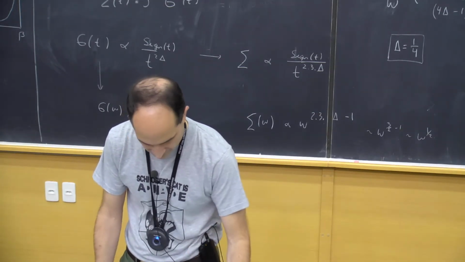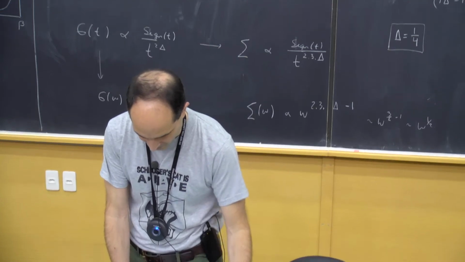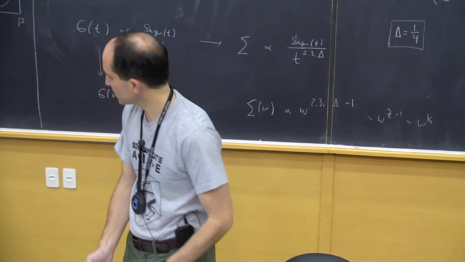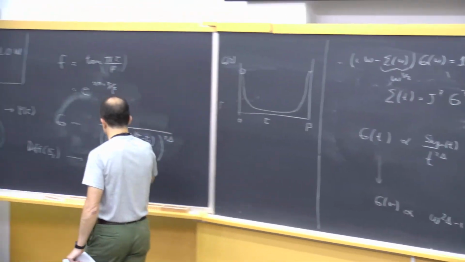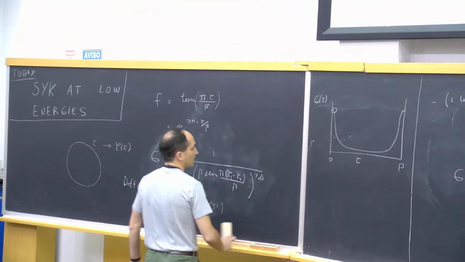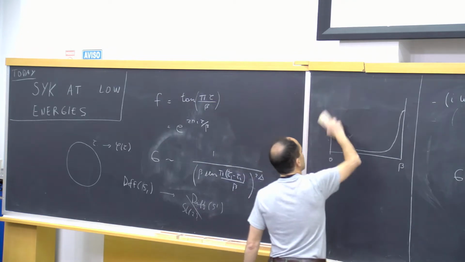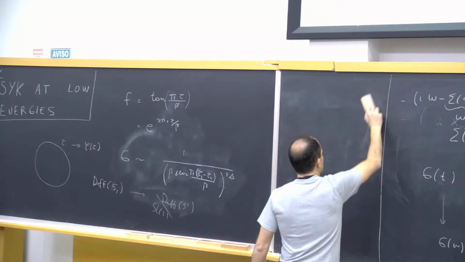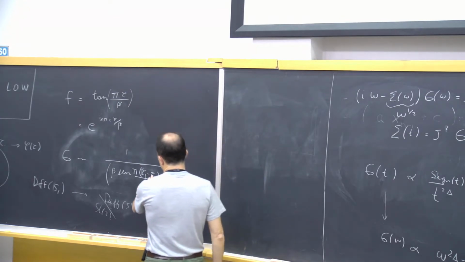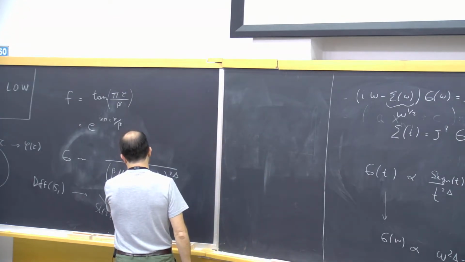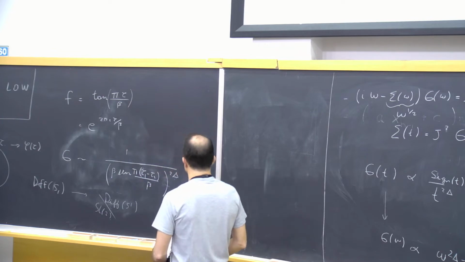Now, I should say one extra side comment about this thermal correlator. This is the thermal correlator in Euclidean signature, and from here we can get the correlator in Lorentzian signature.